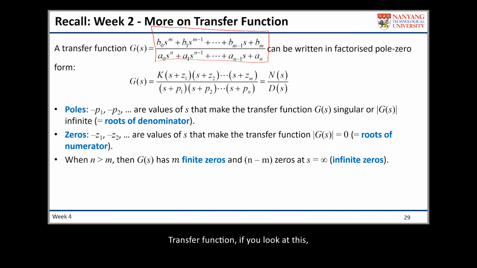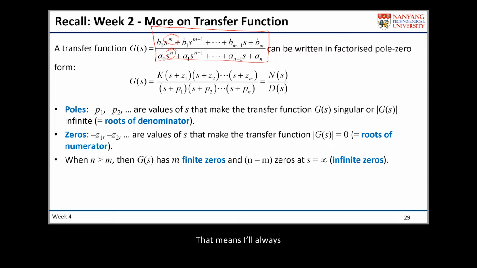If you look at this, the numerator as well as the denominator appear as polynomial functions of s. The numerator has a polynomial of order m, the denominator is order n.